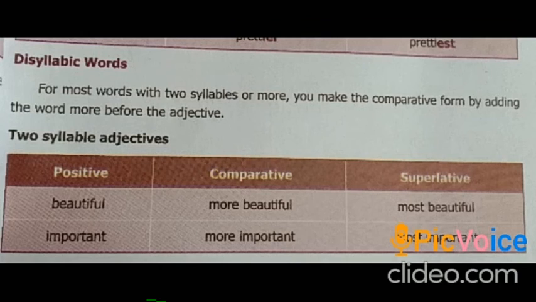So here before beautiful, more is added to make it comparative, and most is added to make it superlative. Beautiful, more beautiful, and most beautiful. One more example. Important, more important, and most important.